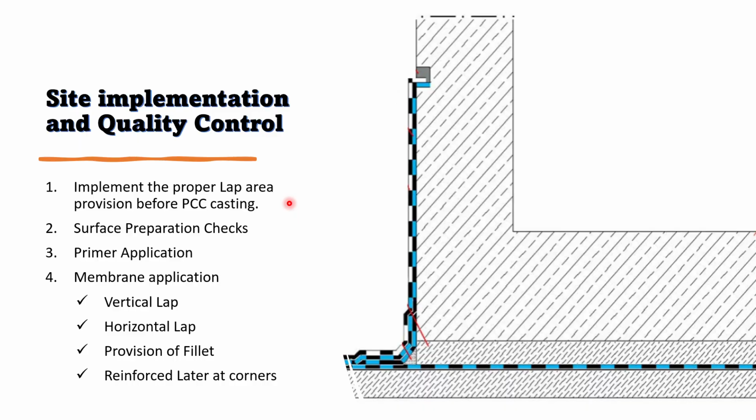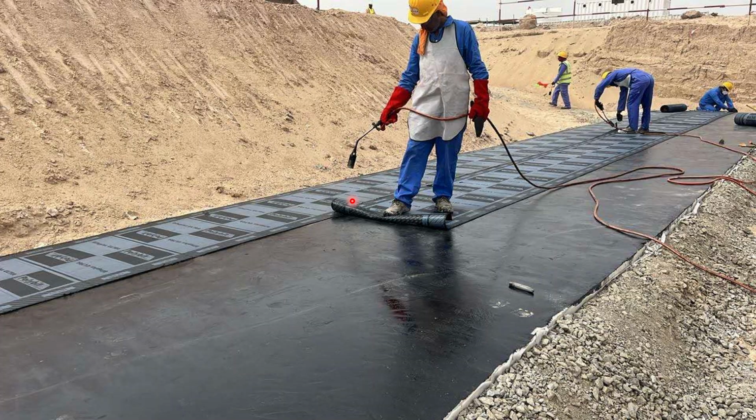So go back to the main slide. After membrane application we have to take care of different things like vertical lap, horizontal lap, provision of felt, and reinforced layer at the corner. This I will show you through some pictures.